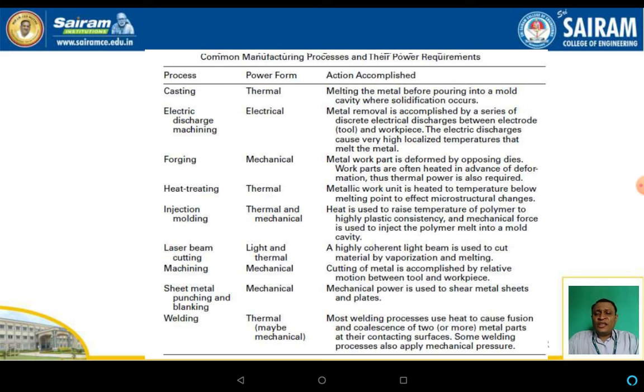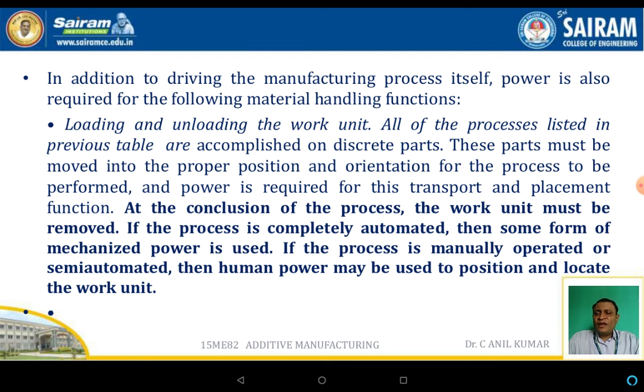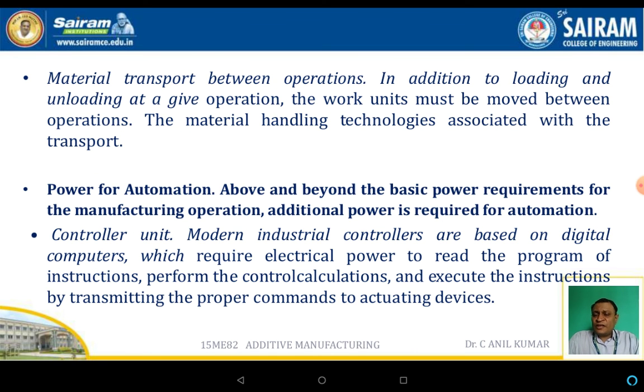But in all the cases, whatever may be the system or whatever may be the process or whatever may be the type of the industry, power is a basic essential thing. Without the power, automation is very difficult to accomplish. In addition to driving the manufacturing process itself, power is also required for the following material handling functions: loading and as well as unloading the work, material transportation.